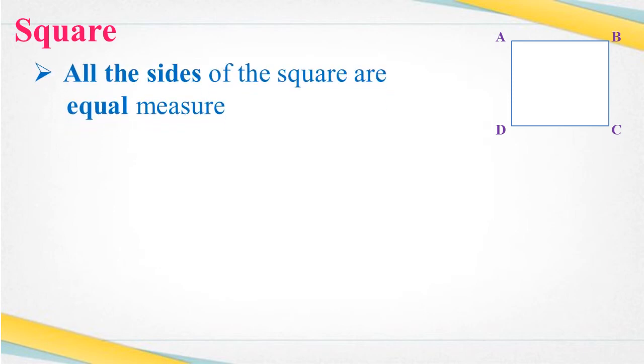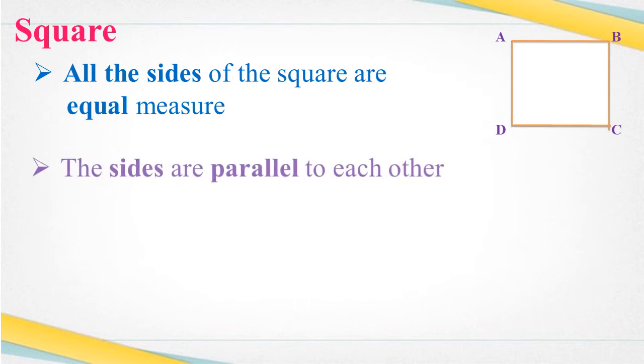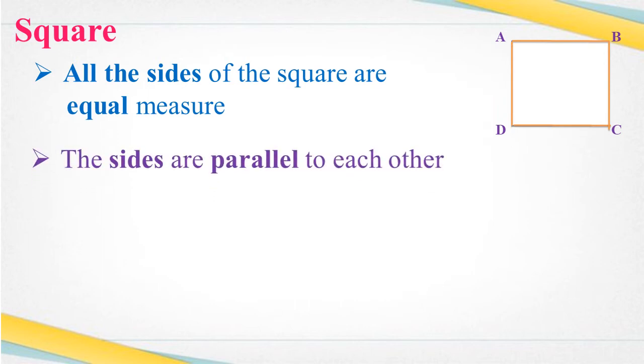Square. Look at this picture, square ABCD. All the sides of a square are of equal measure. See, side AB, side BC, side CD, side DA are equal. The opposite sides are parallel to each other.